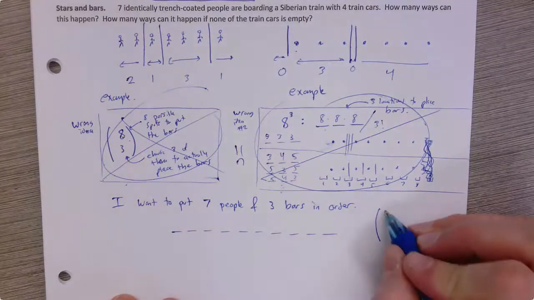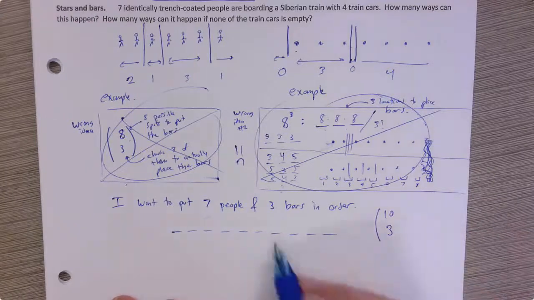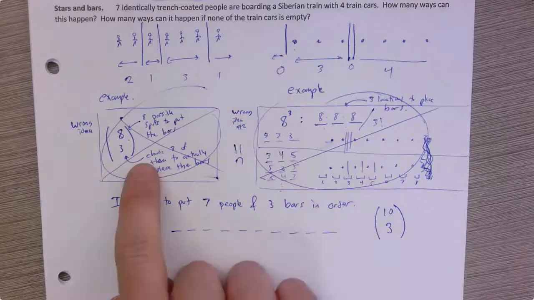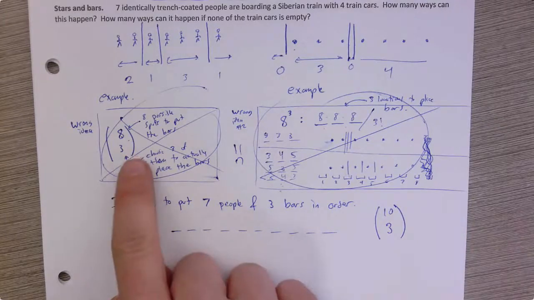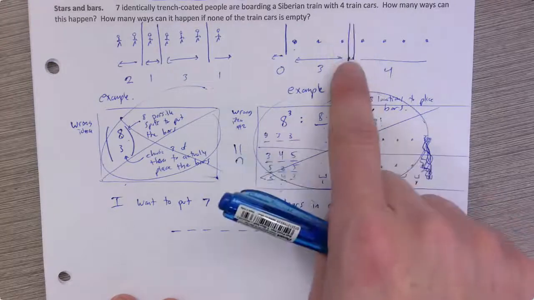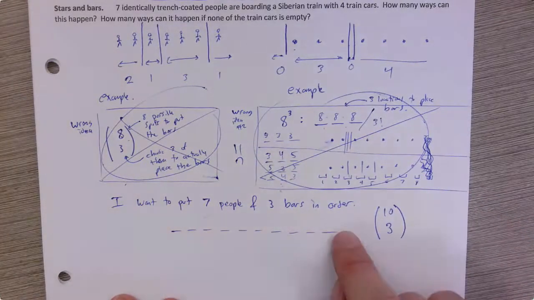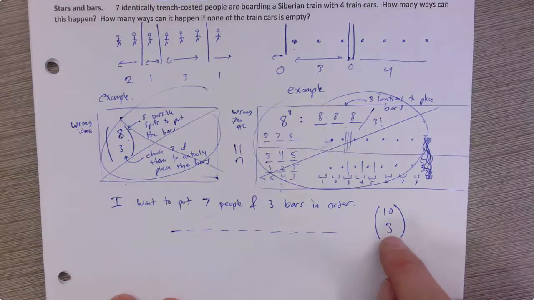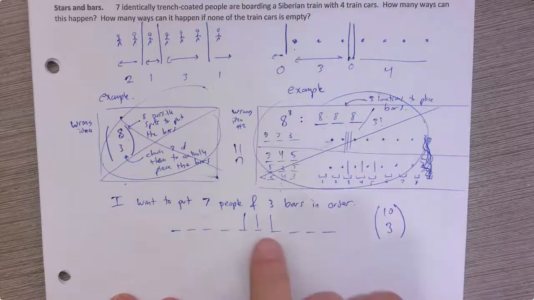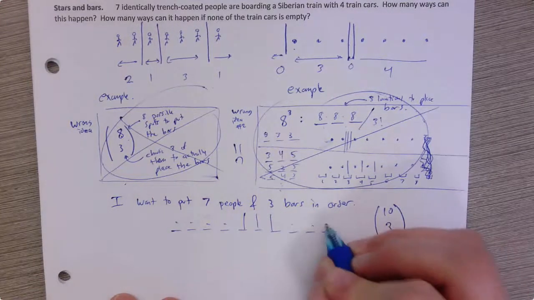So how are we going to count this? There are 10 total positions, and I'm going to choose 3 different positions to place bars into. How is this different than the case over here? The case over here didn't count the possibility where more than one bar could be drawn between 2 people. However, if I have 10 positions and I'm choosing 3 to put bars into, I might choose these 3 positions, and the rest of the positions are people.